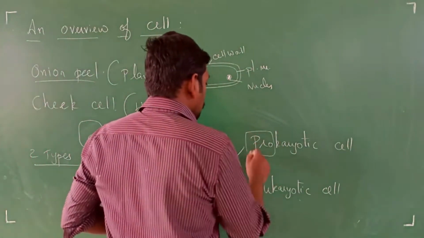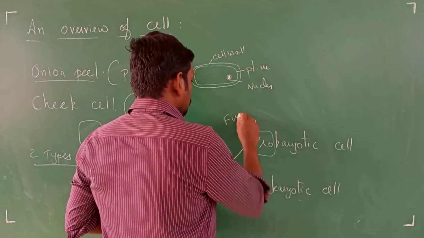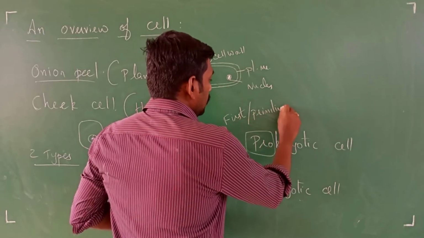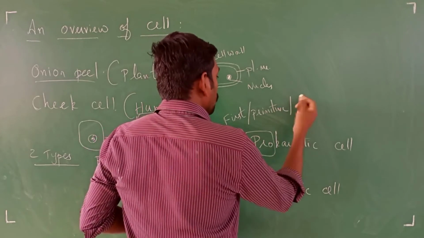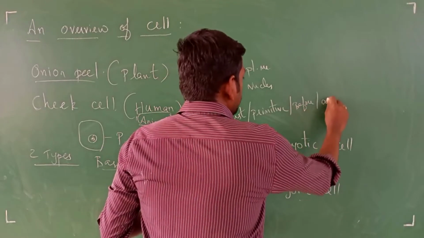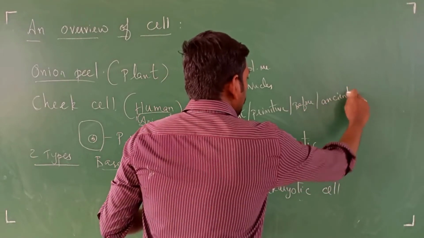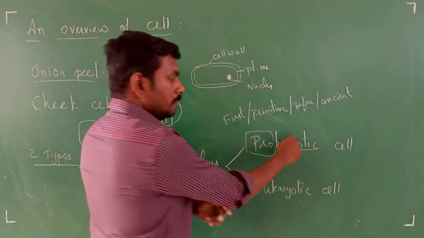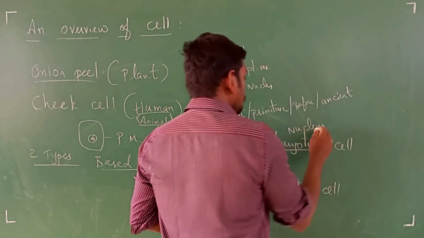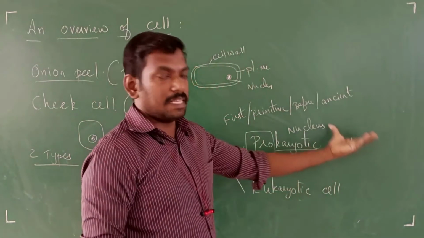Pro in the sense means first, primitive, before, or ancient. Karyotic is something related to the nucleus. So these are the primitive nucleus-bearing cells.